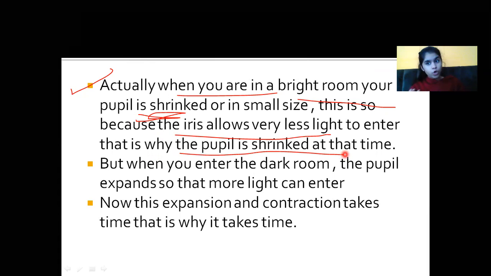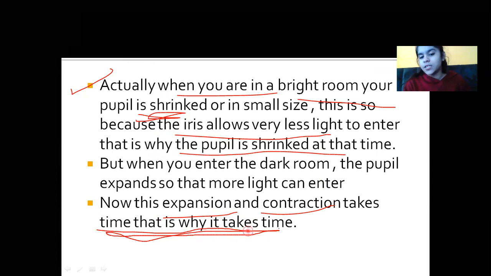But जब आप dark room में enter होते हो, तो pupil को expand होना होता है. The pupil has to expand, and the expansion and the contraction take time. That is why, when you enter from a bright room, your pupil was very small, but when you're entering a dark room, pupil is enlarged, है ना?